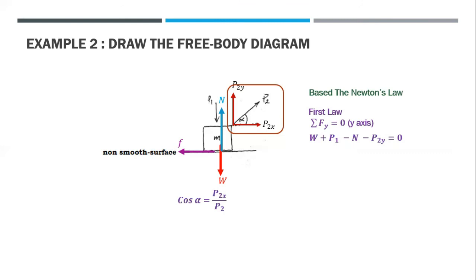Since cosine alpha equals P2x over P2, we'll find that P2x equals P2 cosine alpha. And since P2y equals P2 sine alpha, we can write that W plus P1 minus N minus P2 sine alpha equals 0. Very simple, right?